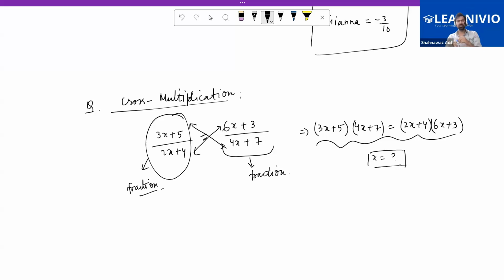You guys already know the distributive property, right? Distributive property. Yes, sir.